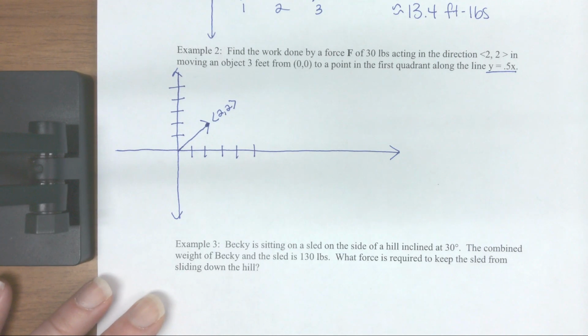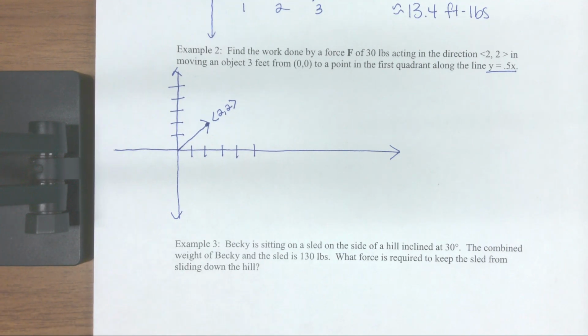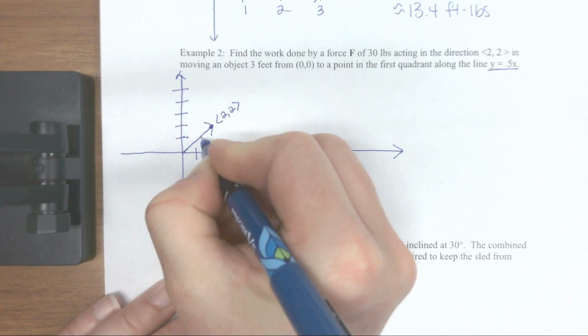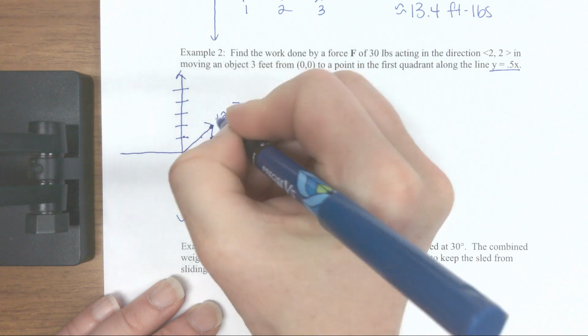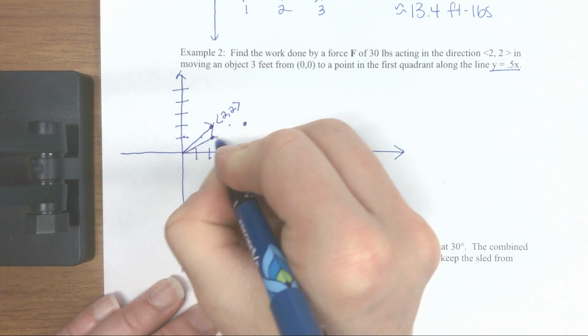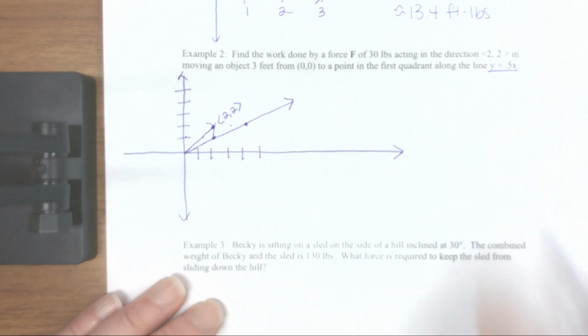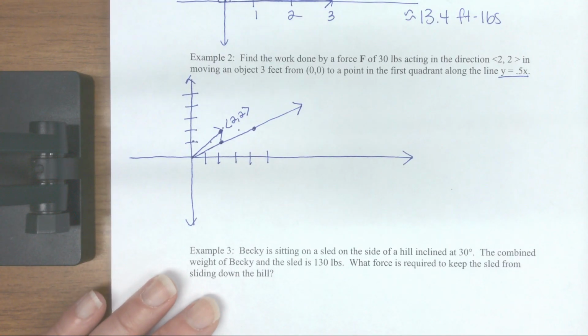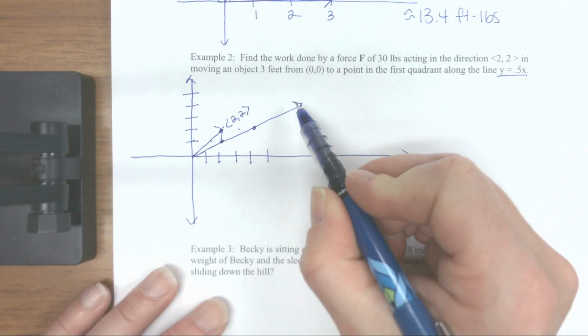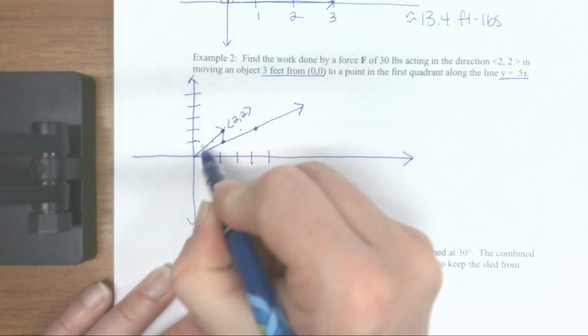So can't I go up 1 over 2? If I went up 1 over 2, that would be right here. I'm going to do it again. So the object is going to be moving 3 feet along this line.